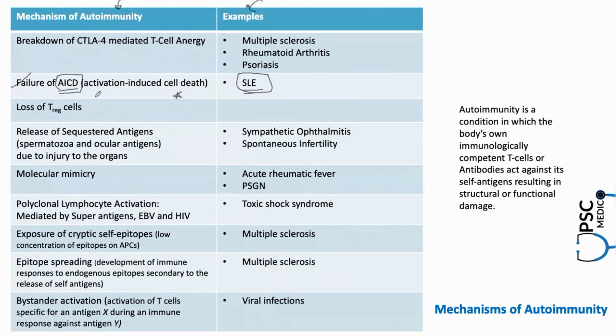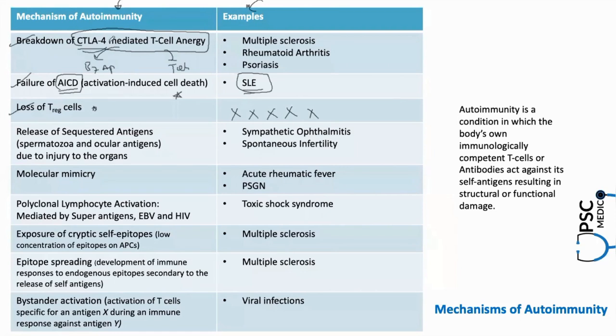First thing is failure of apoptosis. Second, loss of T regulatory cells. It occurs in most of the autoimmune diseases, that's the reason I haven't mentioned any examples. There will be some loss of T regulatory cells. Breakdown of CTLA4 mediated T cell anergy. Do you remember the T cell anergy? We got two things: B7, which is present on the APC, and CTLA4, which is present on the T cell.